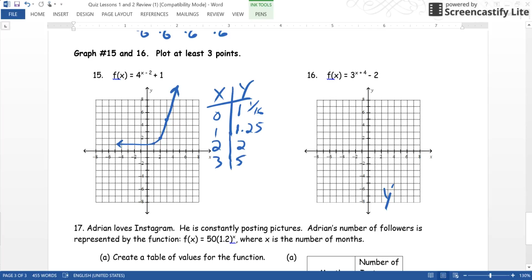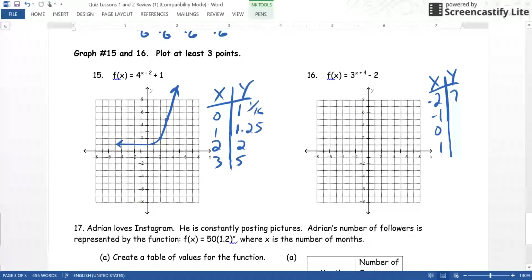Same thing over here. So let's plot a few points here. I'm going to go with -2, -1, 0, 1. So at -2, I get 7.